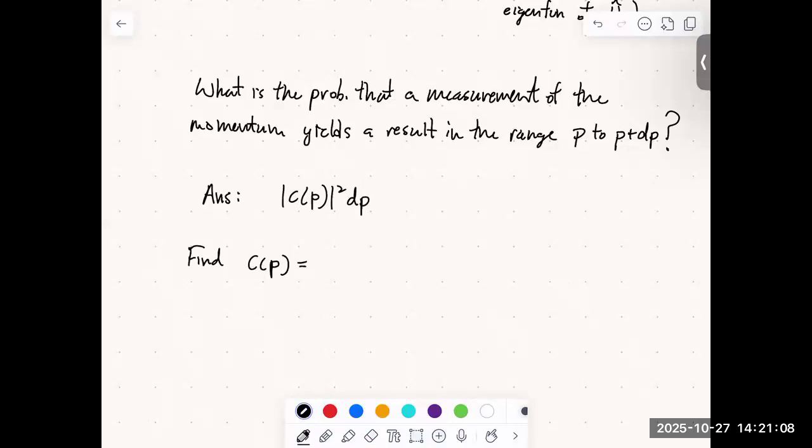It's going to be a continuous function rather than a discrete sum over values of integer n, but it's still just a continuous sum or an integral. And that projection is we take our state and we take the inner product with the momentum eigenstates. Okay, and so the reason that I wrote down the momentum eigenstates at the beginning is because we want to use it right here.